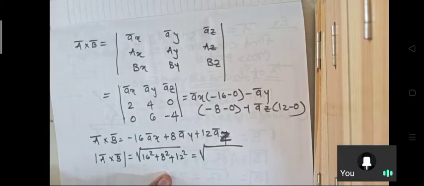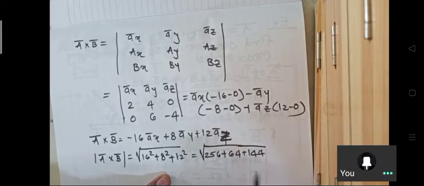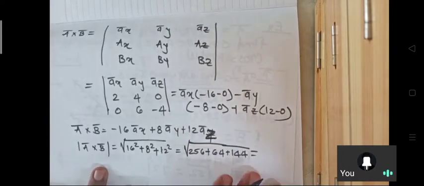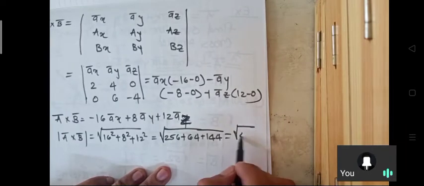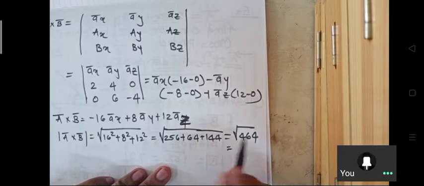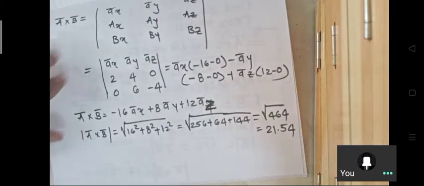In the next lecture, most probably I will ask you to show your calculator on your camera, right? So be ready with the calculator for the next lecture. So 256 plus 64 plus 144, right? If you add this, you get 464. Answer is 21.54. All of you are getting this?